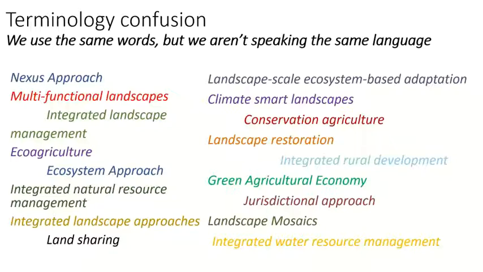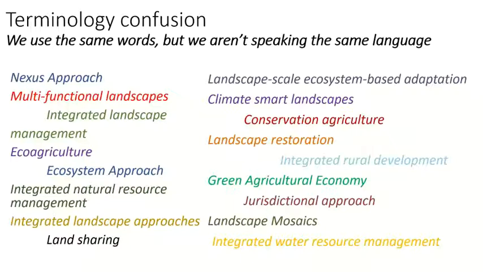But the LPFN, the Landscapes for People, Food and Nature Network, did a study back in 2013, and they identified over 80 different terms which were all essentially synonyms for landscape approaches.